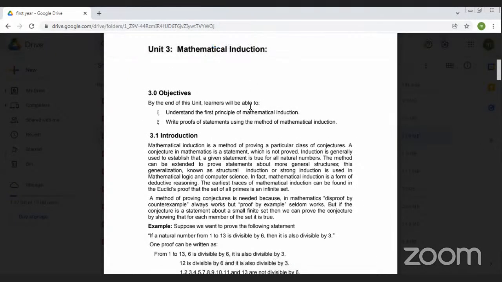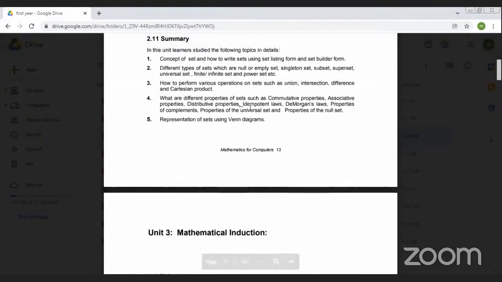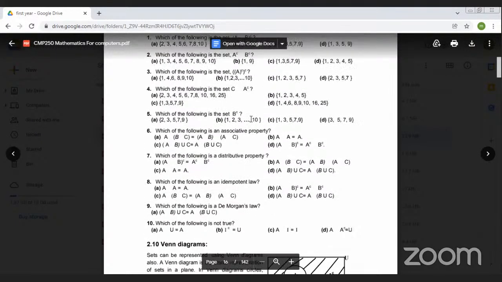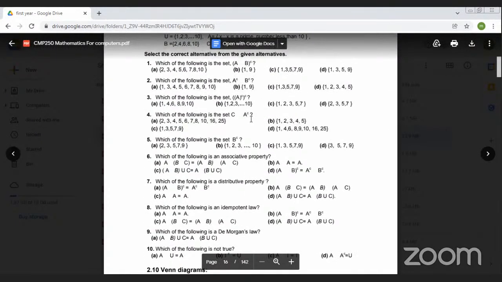No, mathematical induction is easy, set is also easy, but the question is: which of the following is not true? The intersection, union, is about that only.